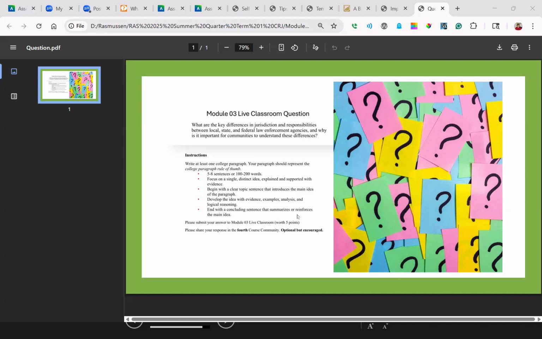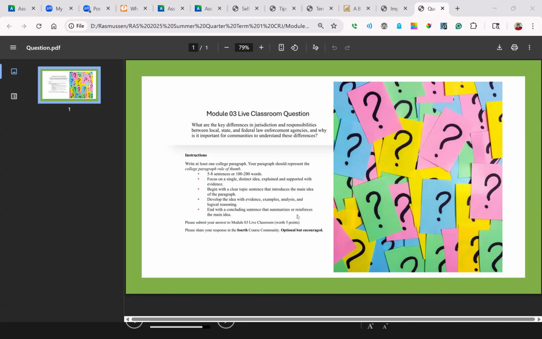When you're prepared to answer that question, please provide at least one college paragraph. And you see the rule of thumb, 5 to 8 sentences, 100 to 200 words, and continue on down. Looking at the tips, please share your answer in the Module 3 live classroom. That will be worth 5 points.